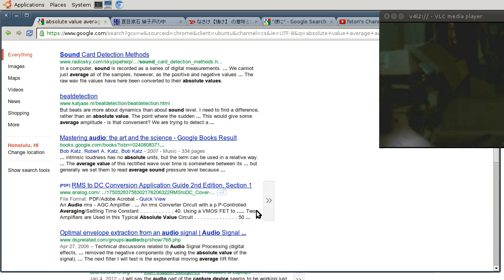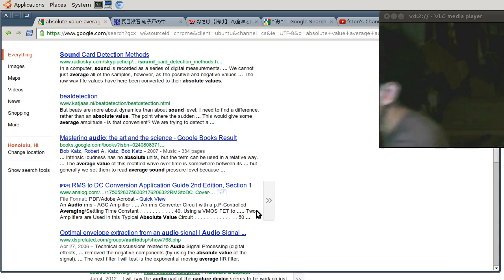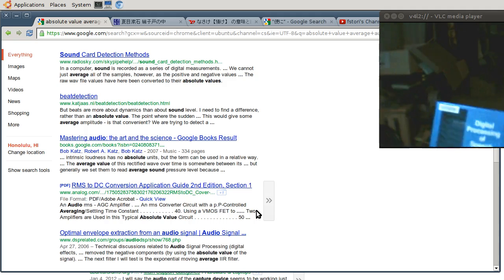And because we care about the practical application, this kind of stuff is actually a lot more important. So, for example, here's a book called Digital Processing of Speech Signals.